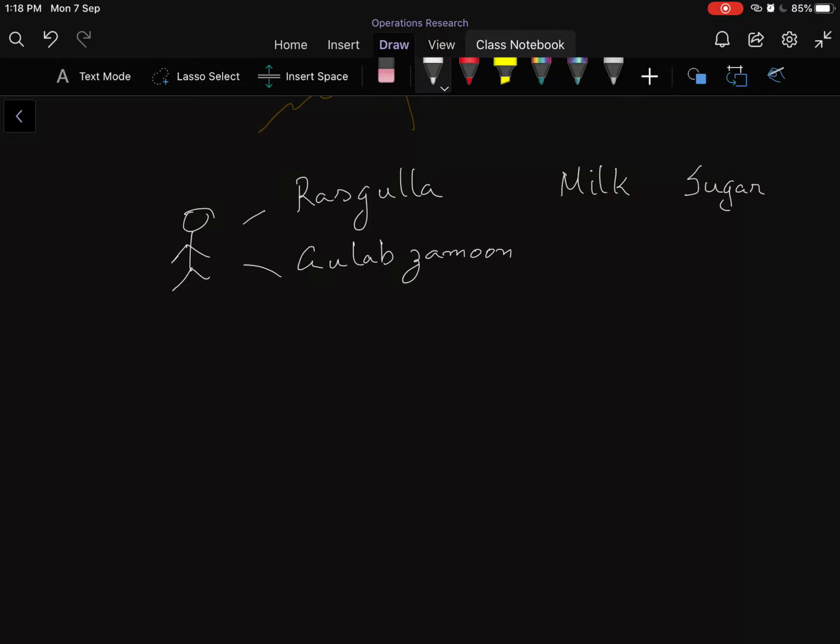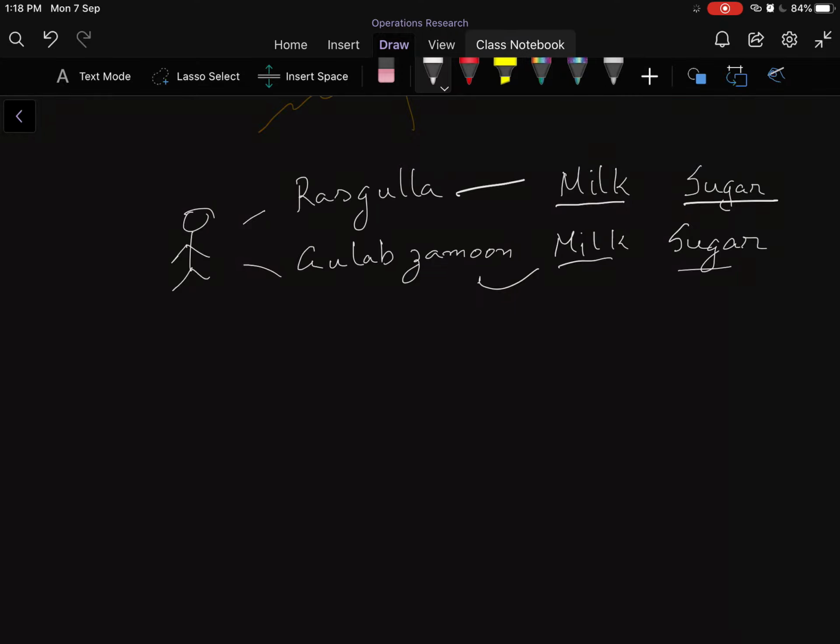For gulab jamun, once again the ingredients that are required are milk and sugar, but the quantity or the combination of milk and sugar for rasgulla and for gulab jamun are completely different.